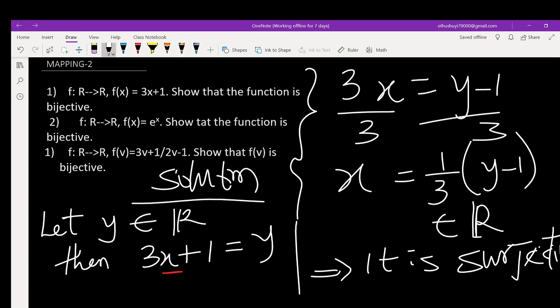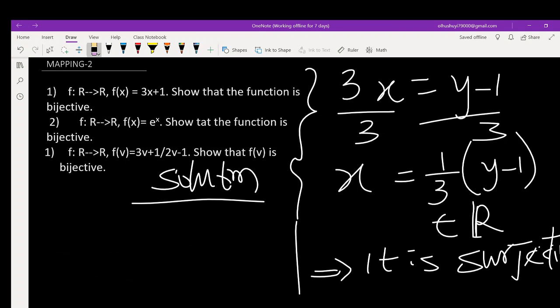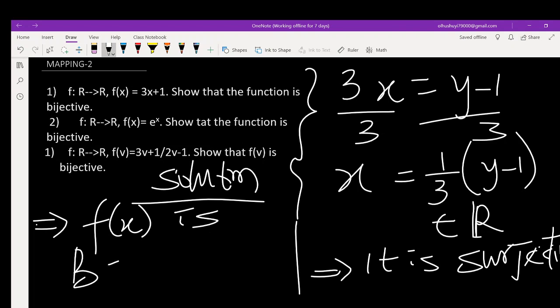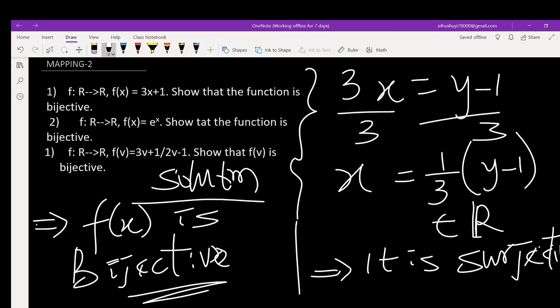Since it is surjective, and also found to be injective, that implies that f of x is bijective, since it is both injective and surjective.